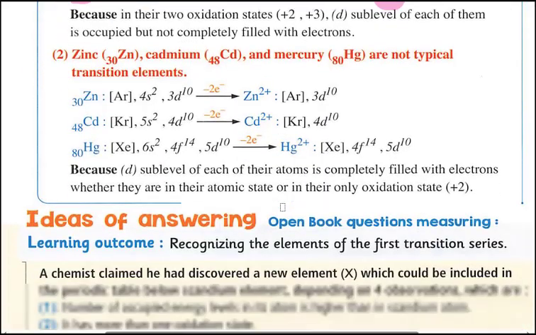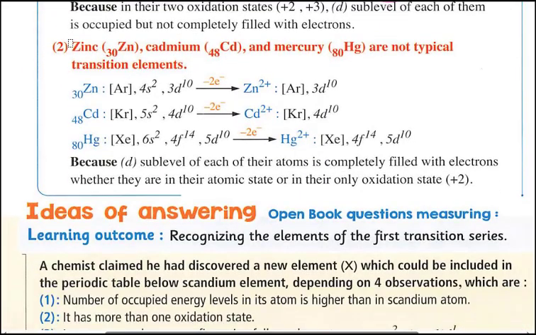But group 2B elements are not considered typical main transition elements, as they have only the +2 oxidation state: zinc 30, cadmium 48, and mercury 80.